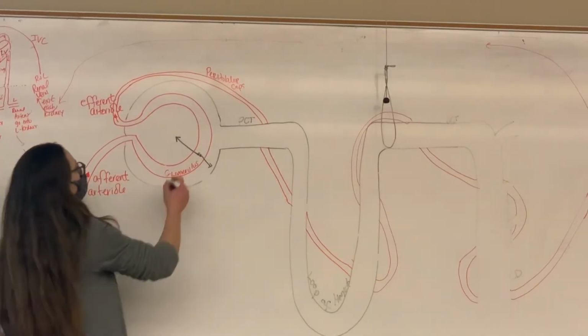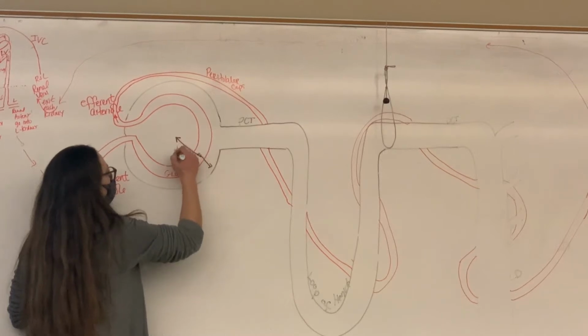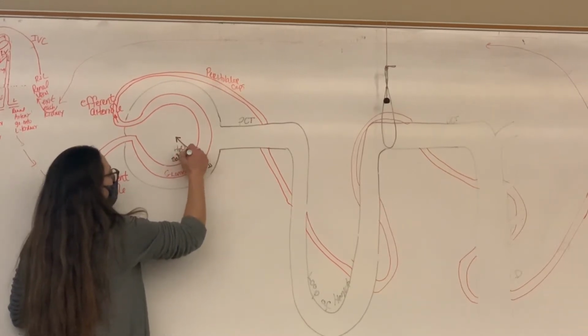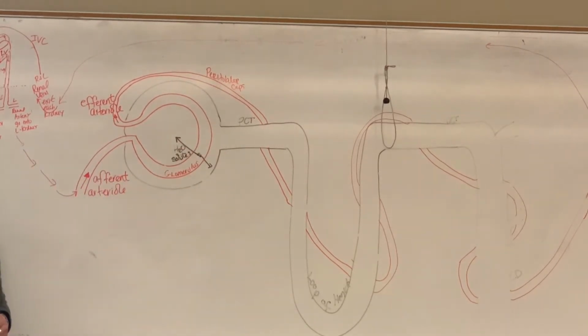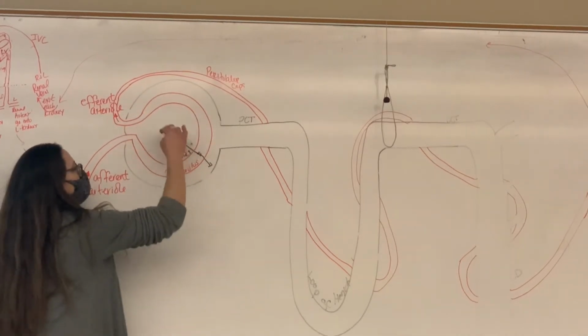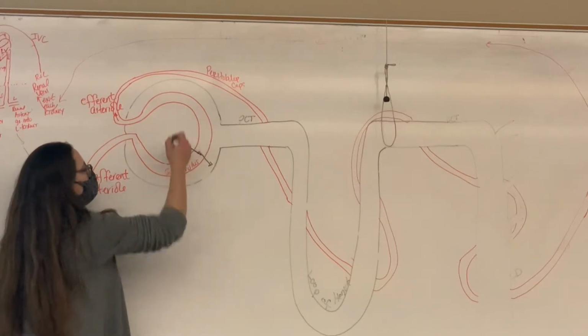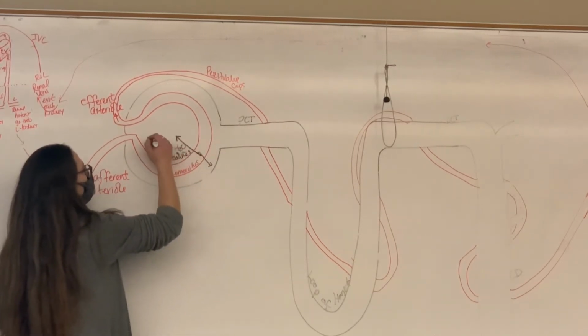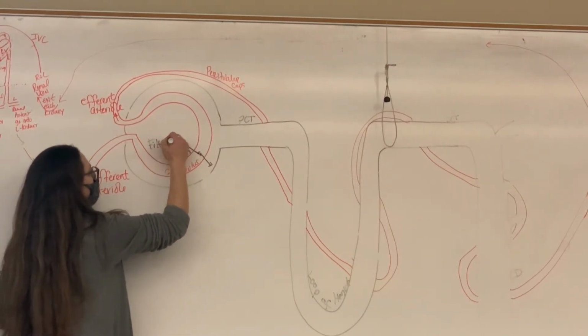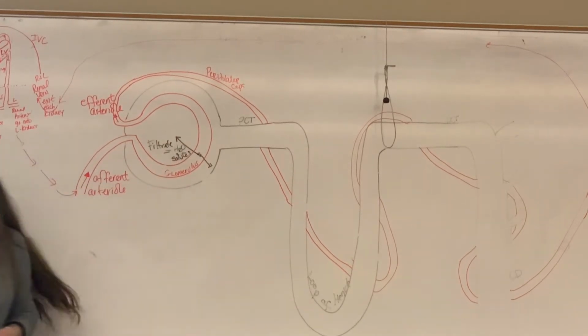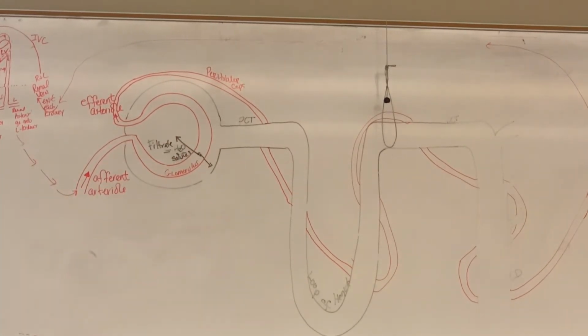So water and solutes get forced out of the glomerulus, out of the blood, into the capsular space of Bowman's capsule. And this water and solutes that come out, we're going to call now the filtrate. That's where we produce filtrate, right there in the renal corpuscle. The renal corpuscle is the site of filtration, and that's all we do there. We don't do reabsorption, we don't do secretion. We only do filtration.